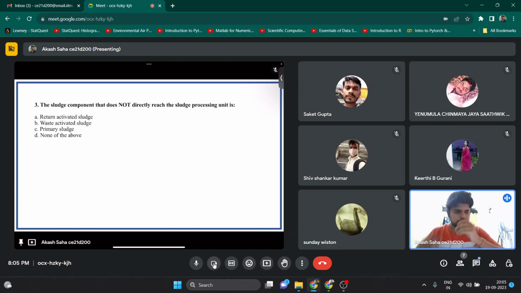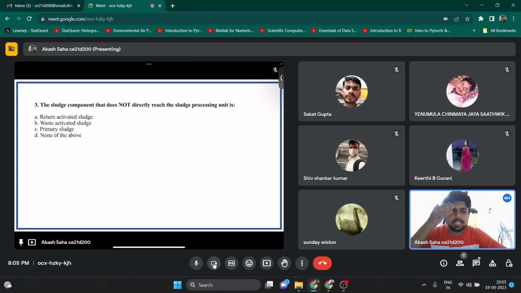If you remember the process, return activated sludge. So where do you think the return activated sludge is sent to? Can you tell me the tank name? Yes, the aeration tank.